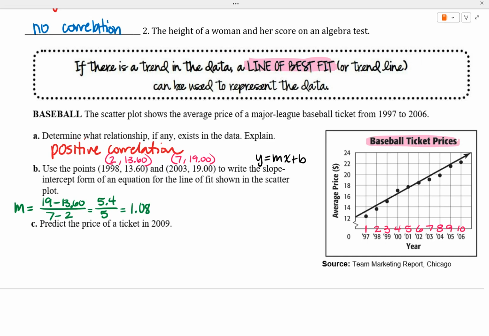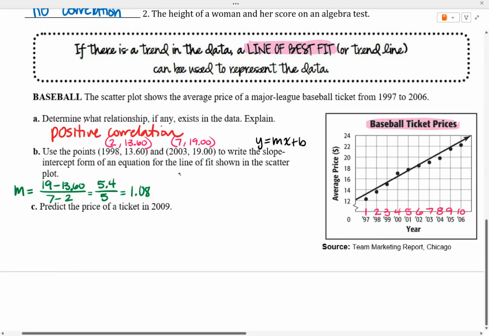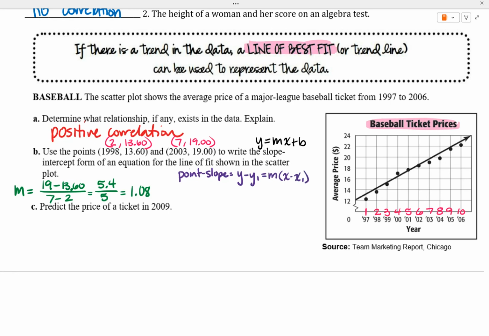And then I'm going to use point slope form to help me find my equation in slope-intercept form. So just a reminder, point slope is y minus y1 equals m parentheses x minus x1. So I will plug in a point for x1, y1, and I'm going to plug in 1.08 for my slope.